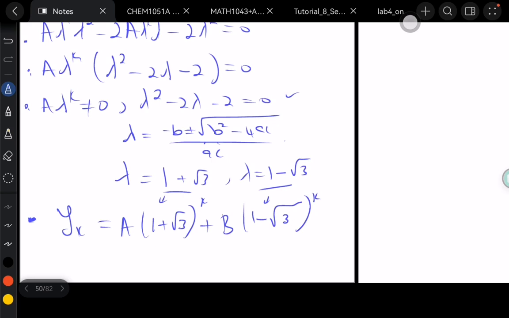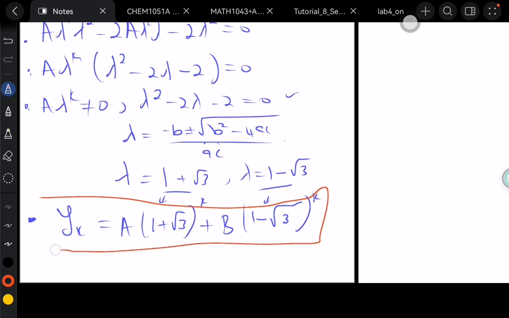We solved the equation. Now we have to conclude this.